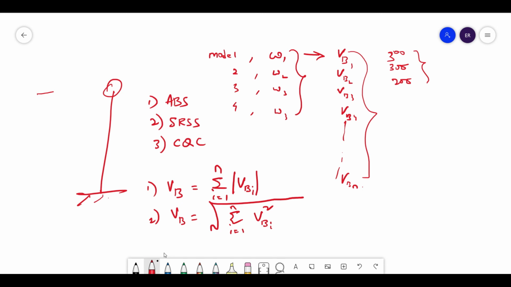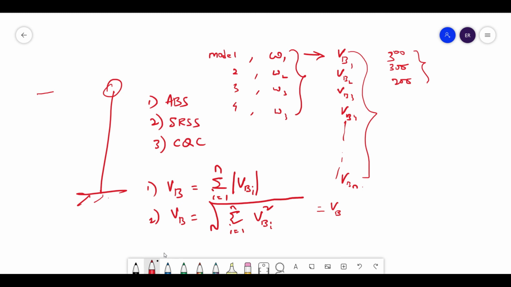So VB1 square plus VB2 square plus VB3 square till VBN square, and the square root of that gives you the final VB value. Most of the times we generally use this, but when the frequencies of the modes are very closely spaced, you may not get the proper value in the final result.